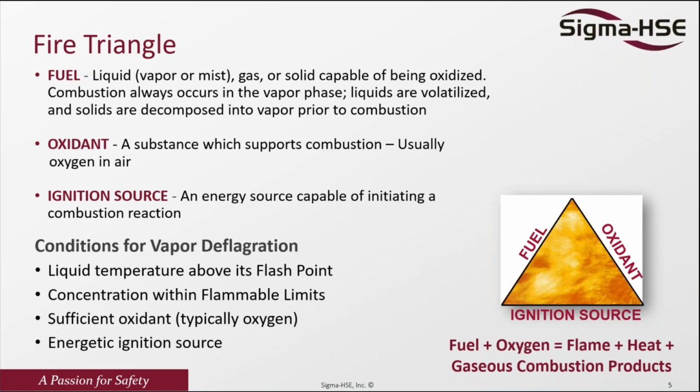The same applies in industry. First of all, I need to have my fuel, which could be acetone, isopropylene, ethanol, or methanol. These are the fuels that are handled in the various industries. Then I need to consider whether I have oxygen, because without oxygen you cannot sustain this combustion operation.